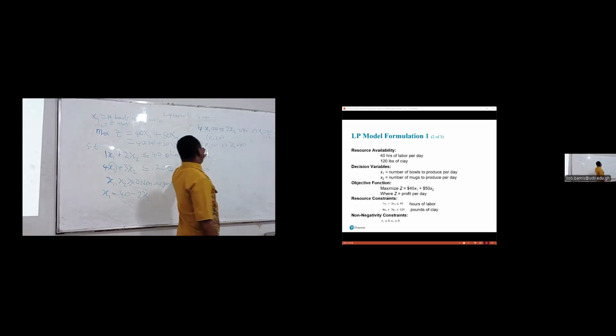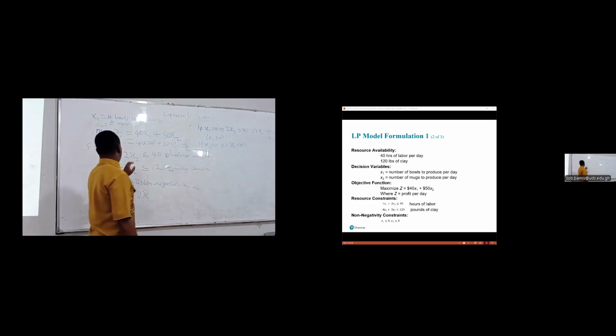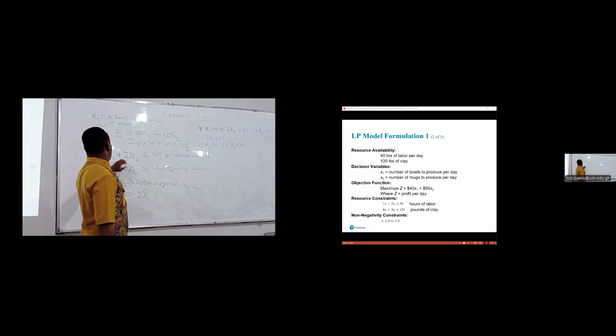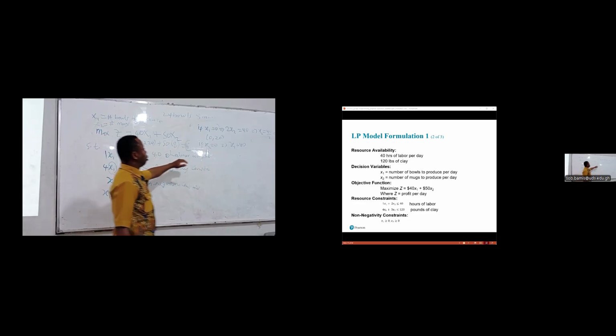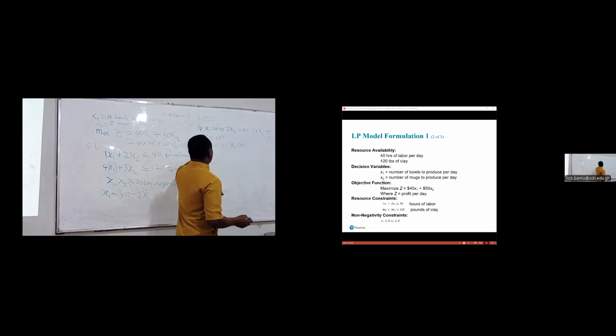Now if x2 is equal to 0, so x1 will be equal to 40. So that's our second coordinate.